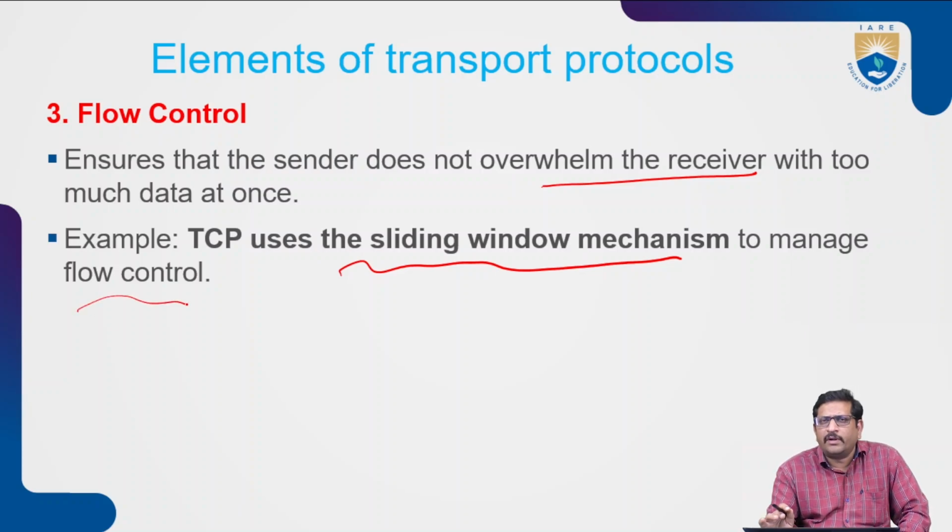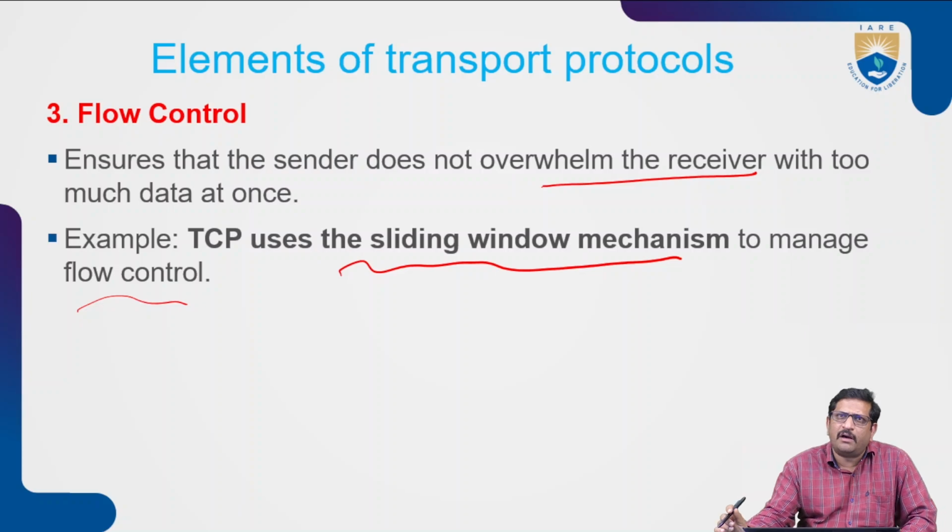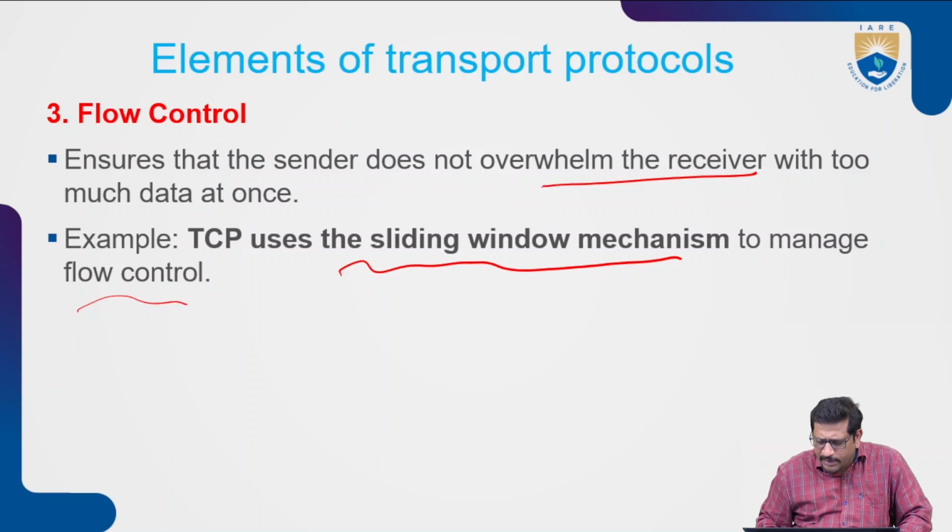The sliding window protocol transfers data packets in the form of sliding windows, depending on the capacity of the machine and the network, from the sender machine to the receiver machine.